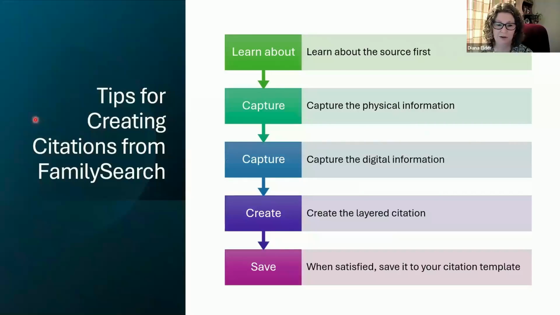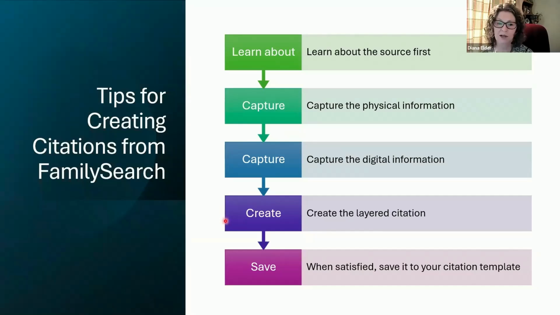So some tips for creating citations from FamilySearch. Learn about the source. Click around in those digital images. Really click around on the page, learn as much as you can. Then, if you want to go through an exercise like I did, you could first capture all the physical information, thinking about those 5 questions, and then think about the 5 questions capturing digital, and then put it all together in a layered citation.